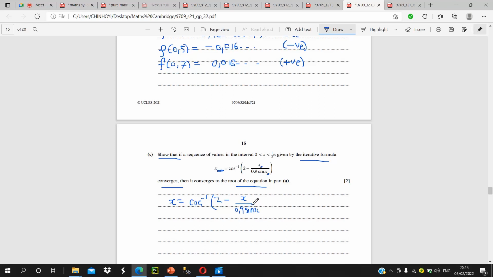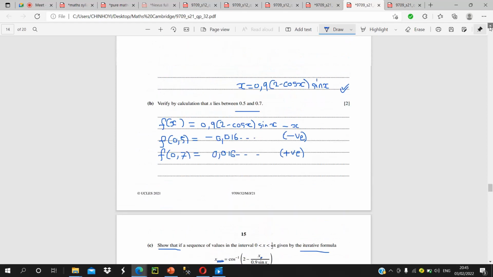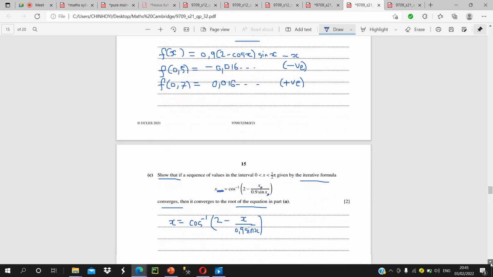Yes. Then after that, we want to arrange this equation, and if we arrange this equation, we must obtain this equation. So if we obtain this equation, then we've shown that it converges.